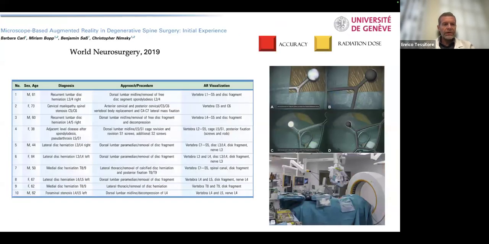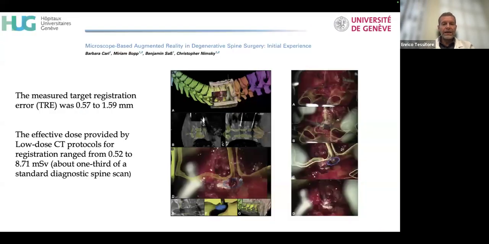Here, a nice study from Barbara Carl about accuracy and radiation dose in 10 cases, which were at the thoracic and at the lumbar level, and for different indications. Here, for example, a thoracic disc operated with the help and assistance of augmented reality.